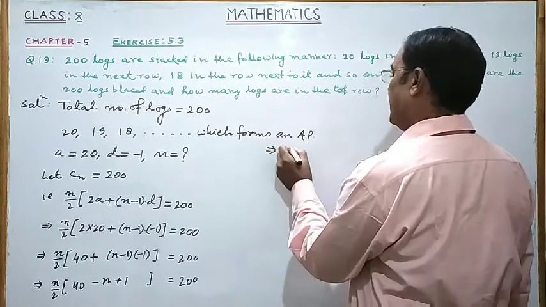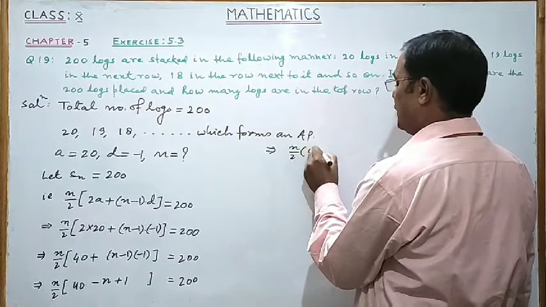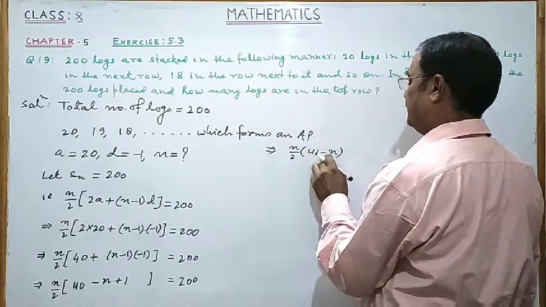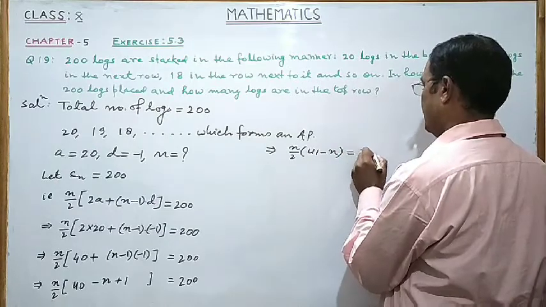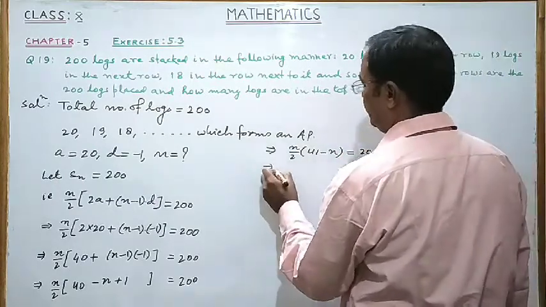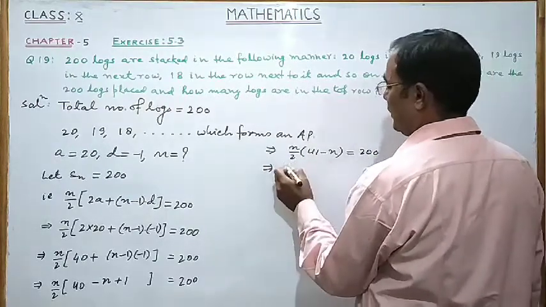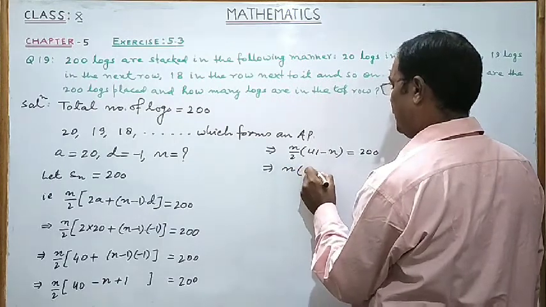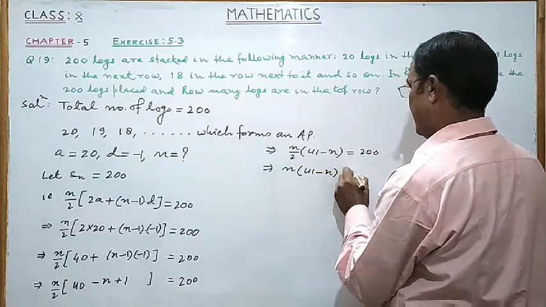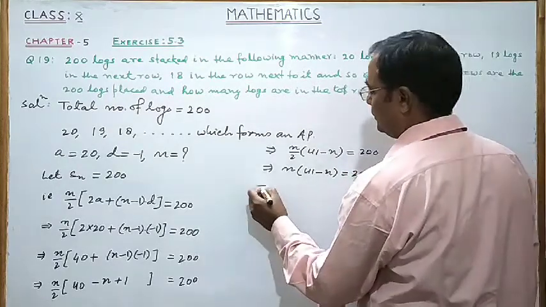This implies n by 2 into 41 minus n equal to 200. So this 2 will cross multiply. So we have n into 41 minus n is equal to 200 into 2.